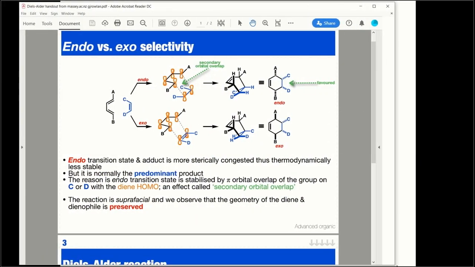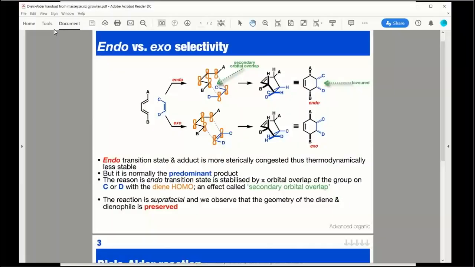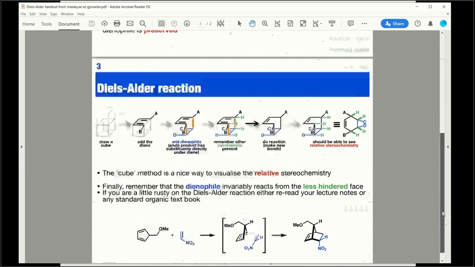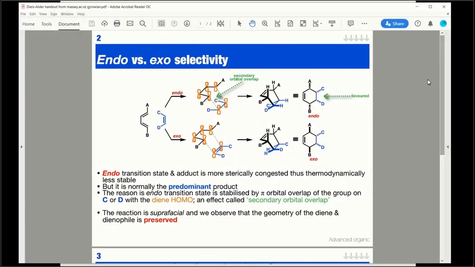If you go onto Blackboard, you'll find a handout that looks like this. This is something I found online and then modified to fit the content of our course. Whenever we have a diene and a dienophile coming together and we're making a choice between endo and exo products, we're interested in the secondary orbital overlap.